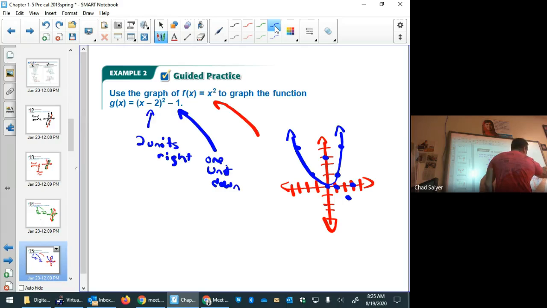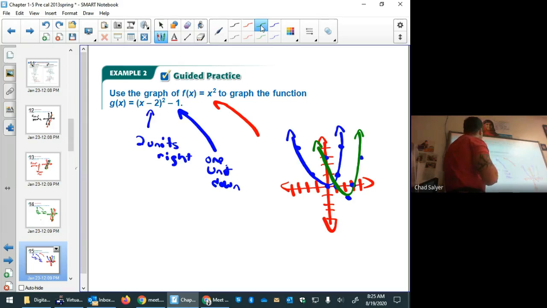And then finally 2 to the right and 1 down. So our new, should probably use something other than red there. Let's use the green. So there's our g of x.